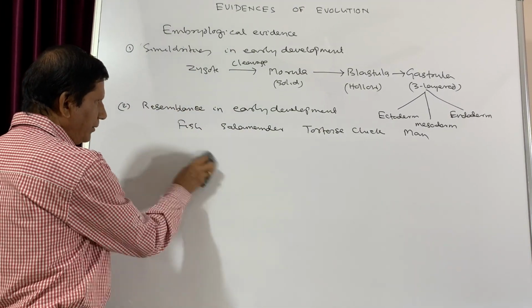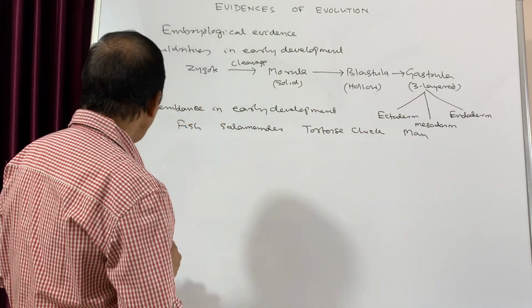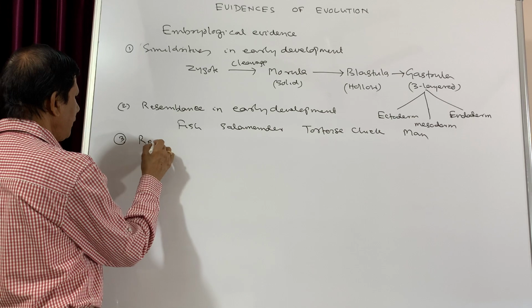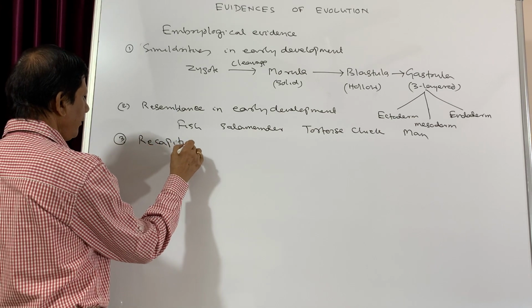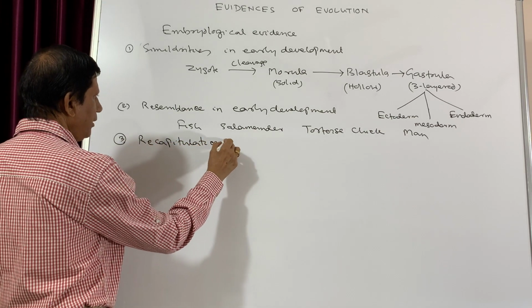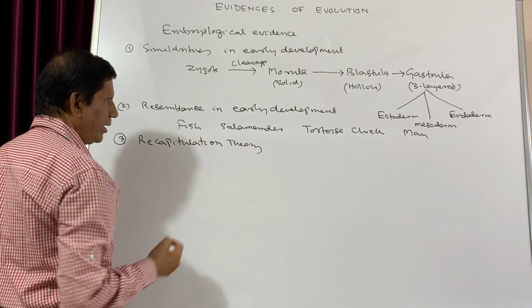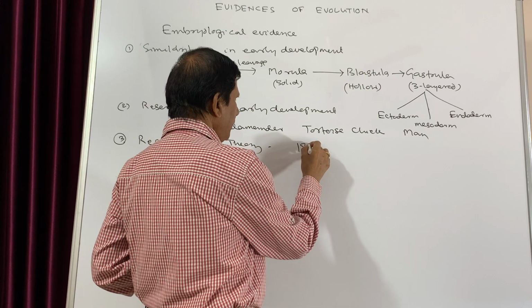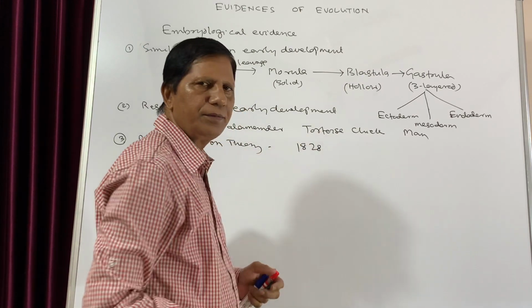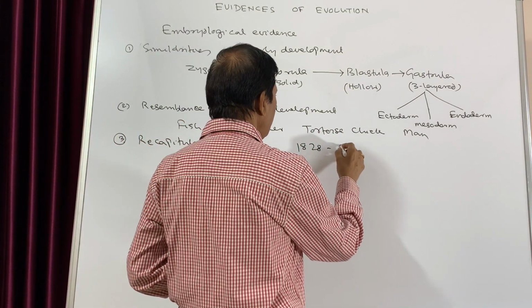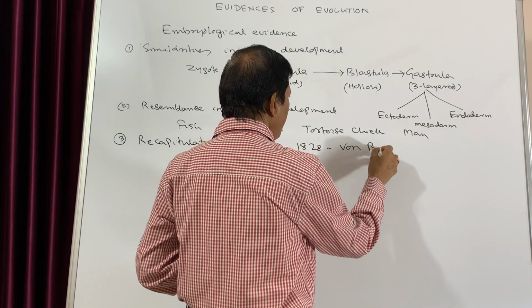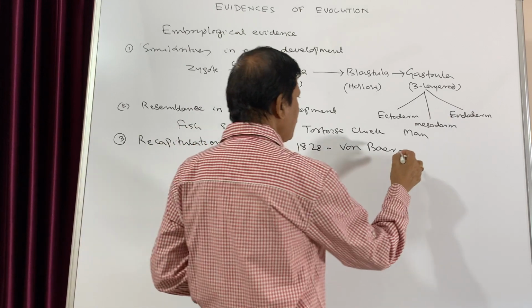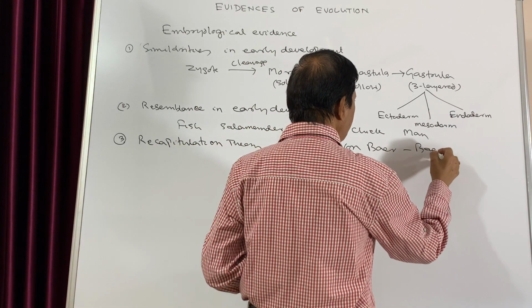Then the third one is still more important, that is known as the recapitulation theory. In 1828, one scientist known as von Baer proposed a law known as Baer's law, according to his name.